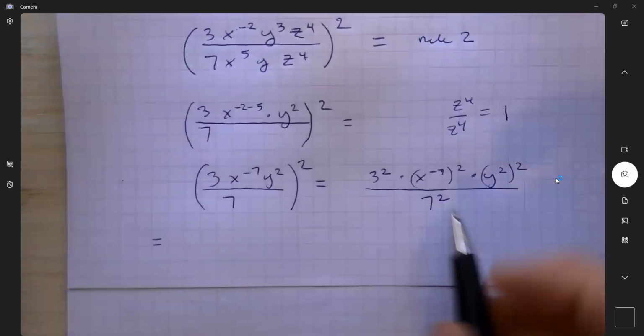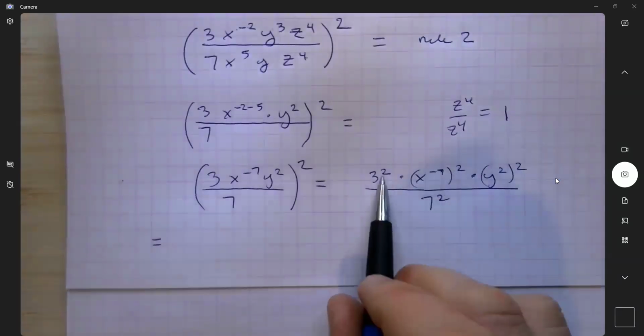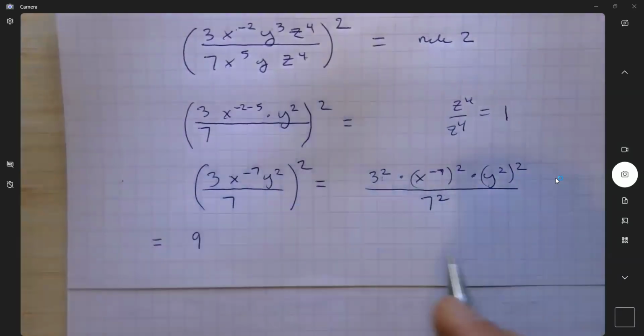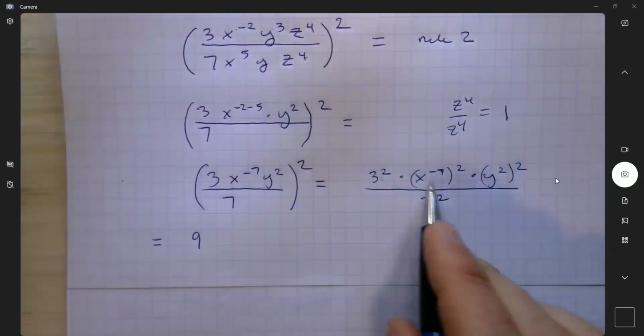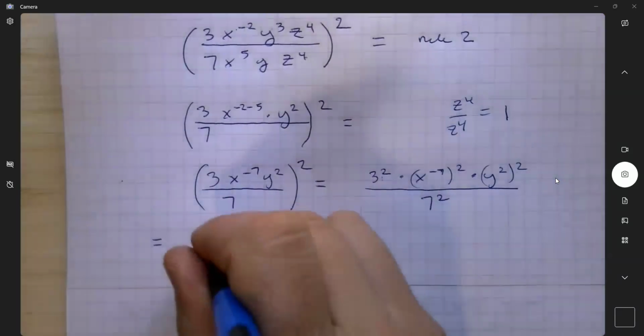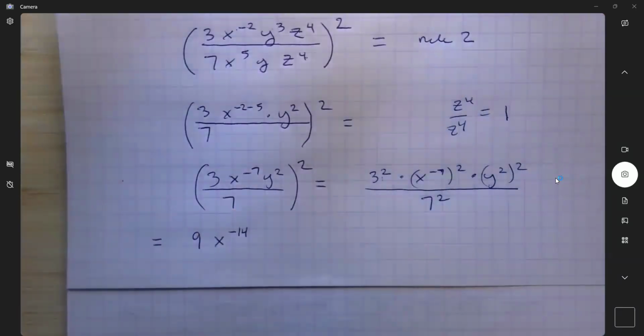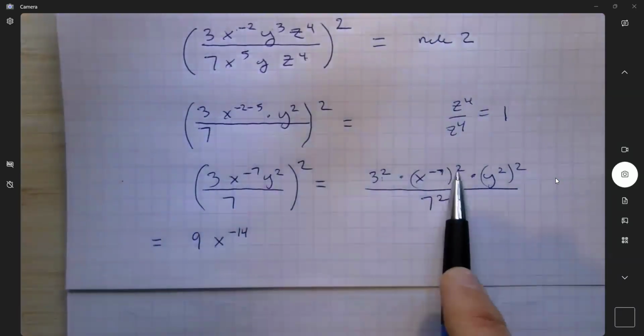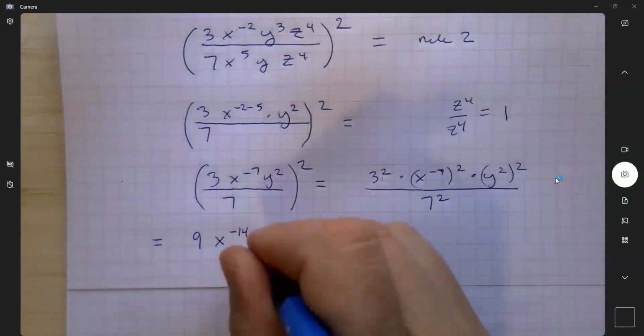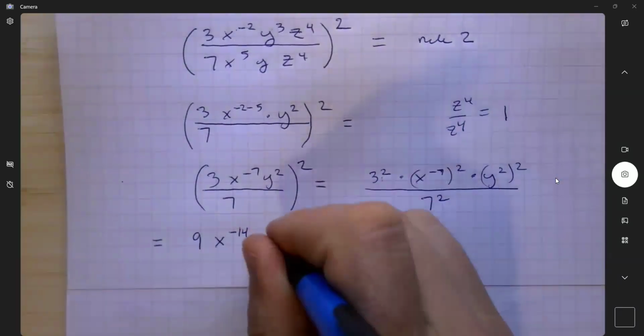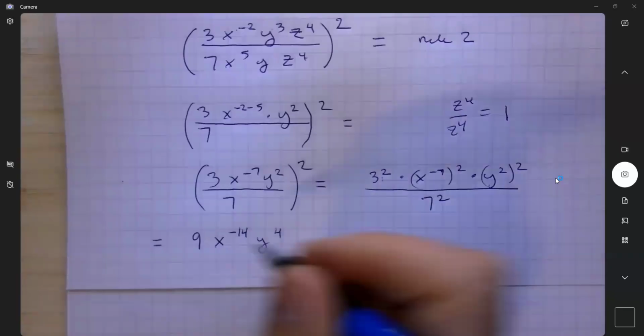I'm going to use my nested powers rule and just the numbers themselves. 3 squared is 9. X to the minus 7 raised to the 2nd power is minus 14, because negative 7 times 2 is 14. And then 2 times 2 is 4, so I get y to the 4th.